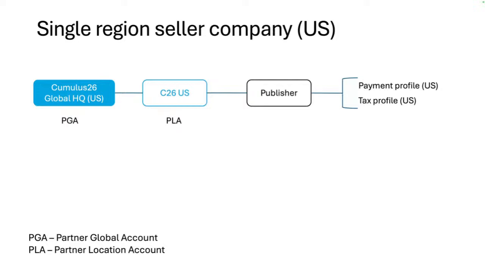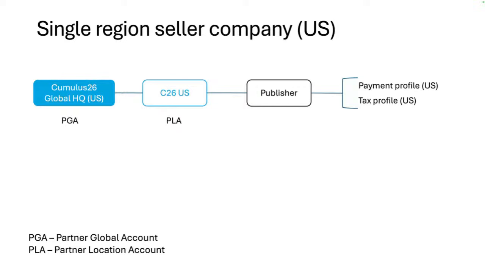But I will tell you that the large majority of accounts in Partner Center look like this, at least at the beginning. And then people start adding PLAs, they start adding publishers. They're not quite sure what those entities mean. And that's where we get into some trouble where we might need help untangling those accounts.